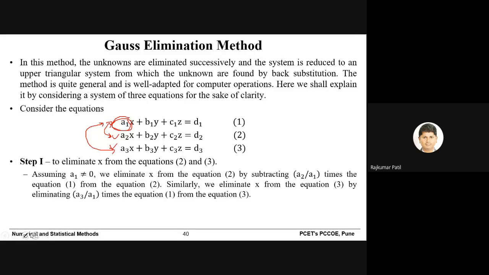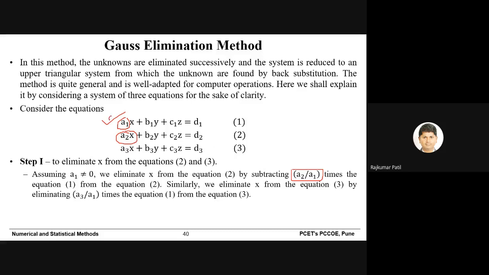Then after making sure that a1 is not equal to 0, how can you make this particular term 0? Just multiply equation 1 by a2 divided by a1.